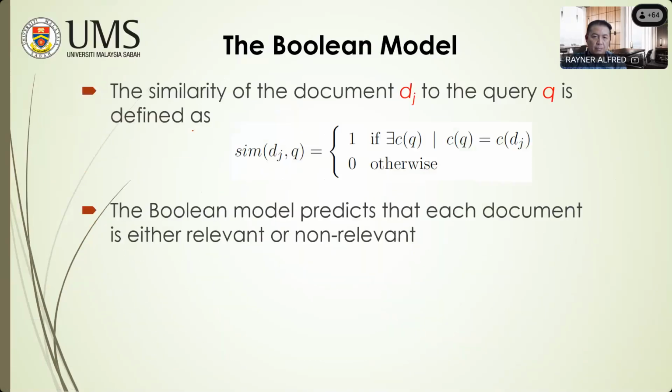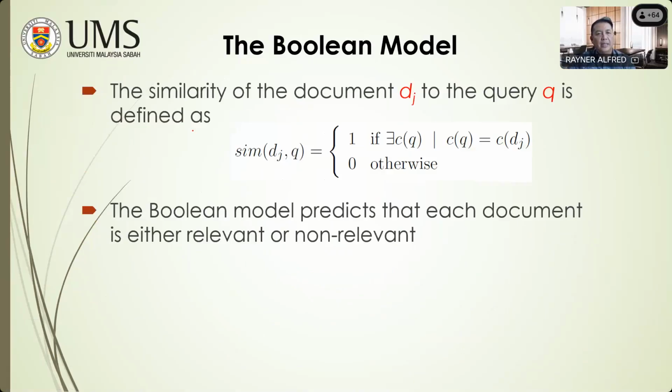Okay. So since we know already how to expand from the conjunctive normal form into disjunctive normal form, we can use this pattern to do the matching, right?